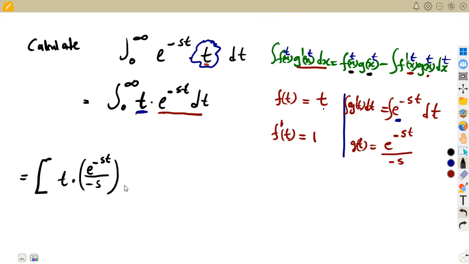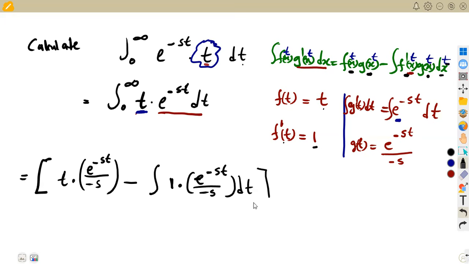So this is what we obtain, minus the integral of f prime of t, which is 1, times g of t, which is e to the exponent of minus st over minus s, with respect to t this time, because we are having this in terms of t. So we have to use t in this case, with our limits infinity and 0.